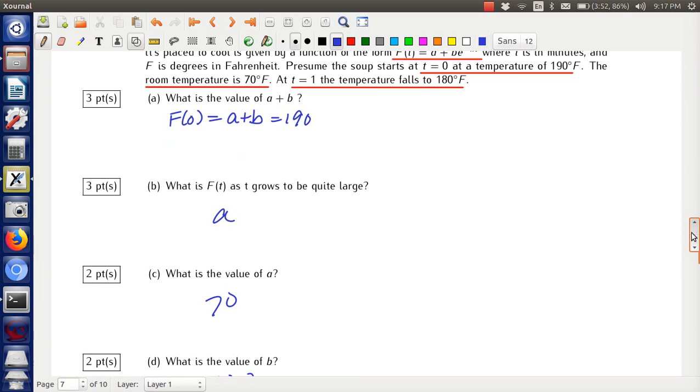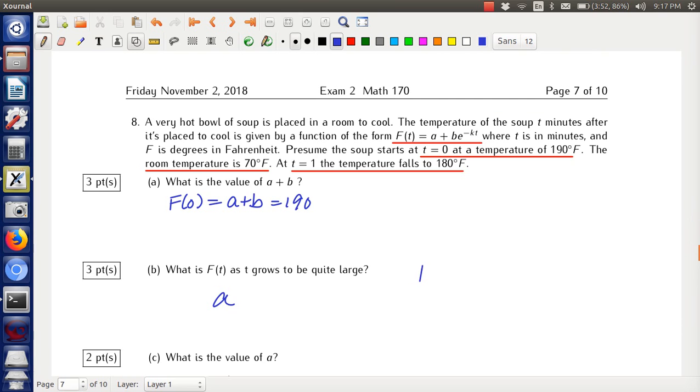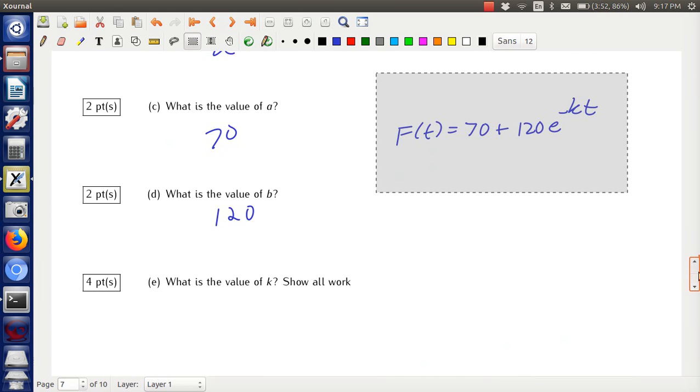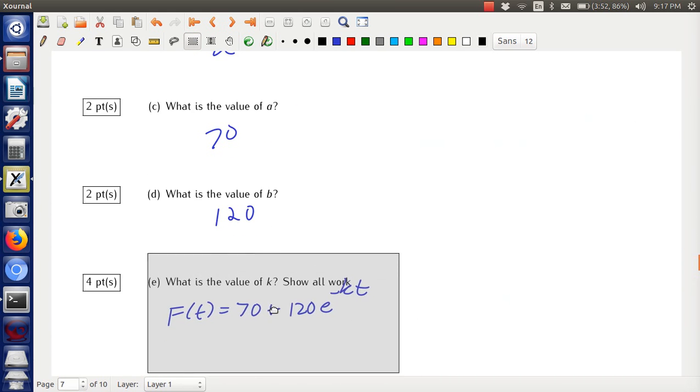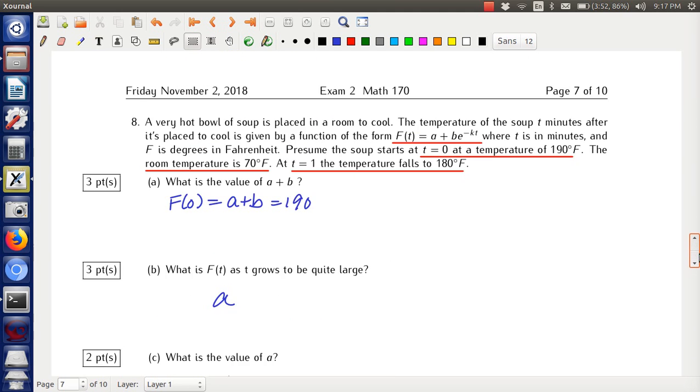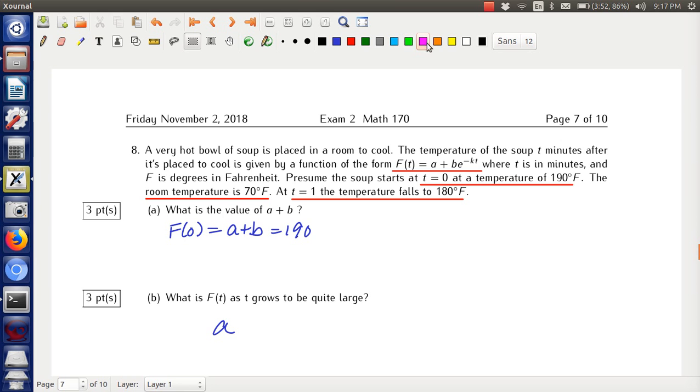Well, this was all lead up, right? This was just saying f of t is equal to A, which is 70, plus b, which is 120, e to the minus kt. So this whole thing was meant to help us get here, right? And we're going to use this piece of information that we have not used yet, this bit right here.